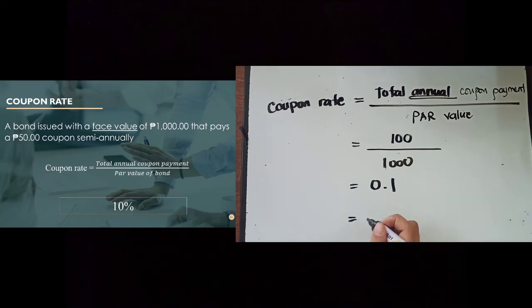So, ibig sabihin, yung interest na natatanggap mo na 50 pesos semi-annual is the 10%. Okay? 10% noong principal or noong par value. So, 10% yung interest rate na natatanggap mo. So, this is the coupon rate.